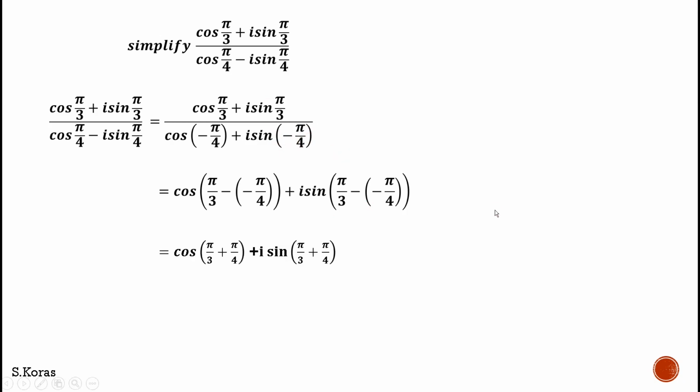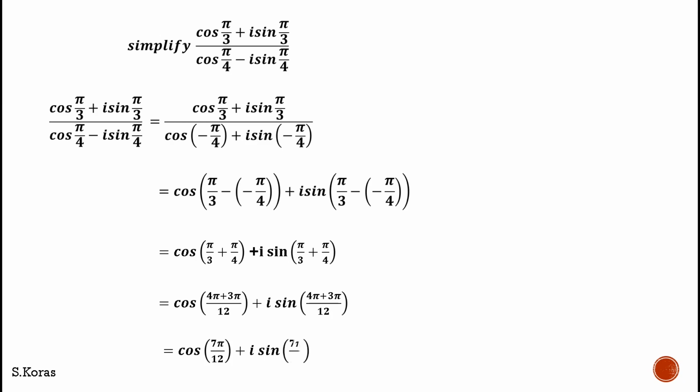If you simplify these two, our answer will be cos of pi by 3 plus pi by 4 plus i into sin of pi by 3 plus pi by 4. Again, if you simplify by taking LCM, the result will be very simple: cos of 7 pi by 12 plus i into sin of 7 pi by 12.